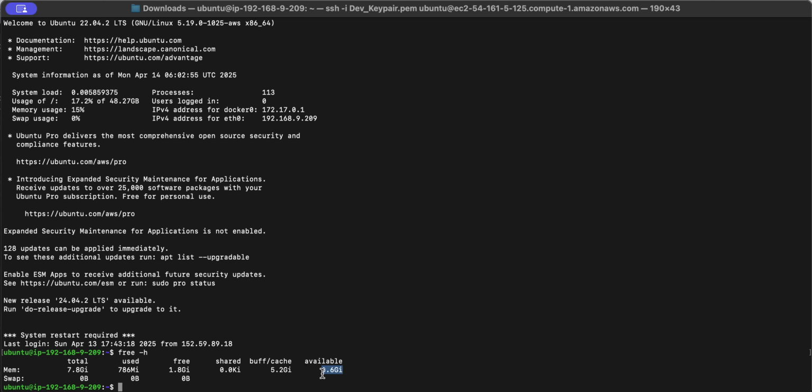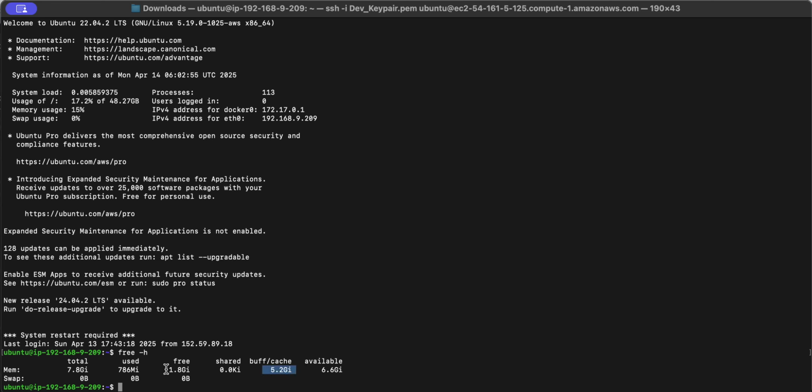So whenever you run this command free -h to check the memory, you should check this free and this available. This free shouldn't be less than 100 or 200 MB. If it is less than that, it means your whole memory is taken by the running applications, or else by buffer memory, even though it can be used, it is currently in use as a cache.